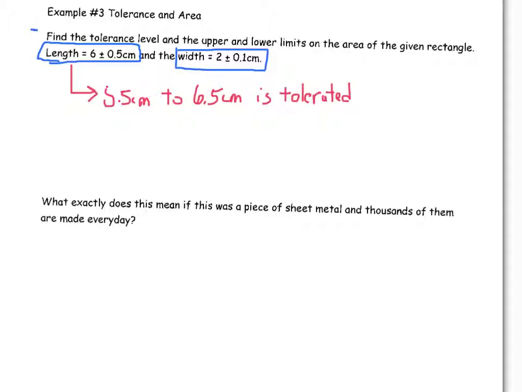The width could be 2 centimeters plus or minus 0.1. So 2 minus 0.1 gives me 1.9 centimeters. 2 plus 0.1 is 2.1 centimeters is tolerated.